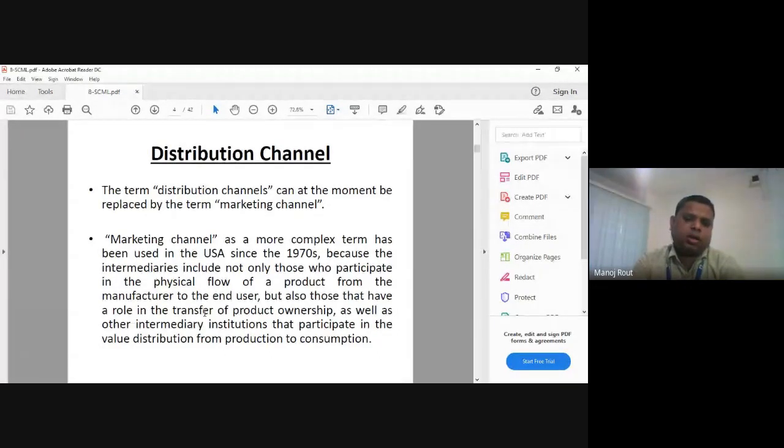The carrier, the mode of transportation, the source of raw material. These are directly involved in the physical flow of product from the manufacturer to the end users. But also those that have the role of transferring product ownership, as well as the transport companies and transport proprietors, are intermediary institutions that participate in value distribution from product to consumption.